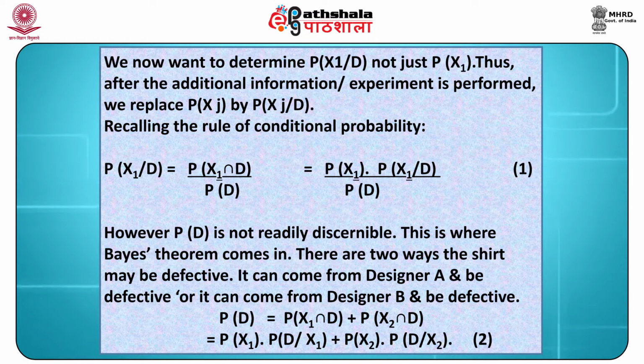Thus, after the additional information experiment is performed, we now replace the probability of xj by P(xj divided by D).